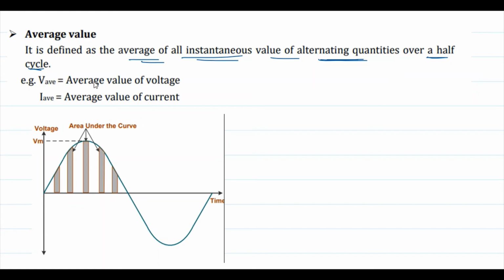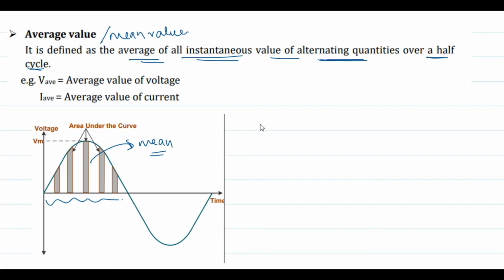That is also called the mean value. So it is the mean value of the instantaneous AC quantity over half cycle. As this one is the half cycle, if you take the mean value of all these AC quantities, then we will get the average value, that is the mean value.